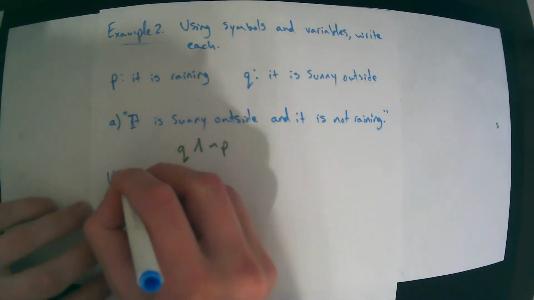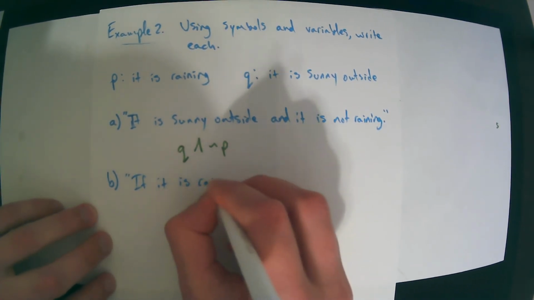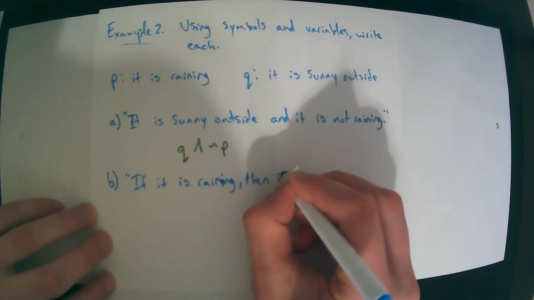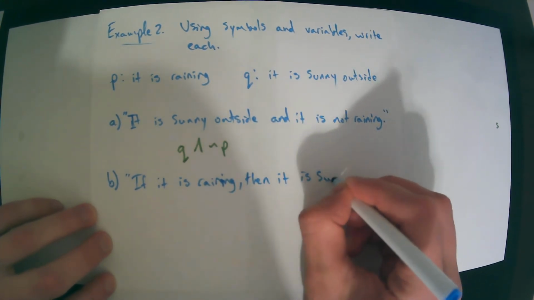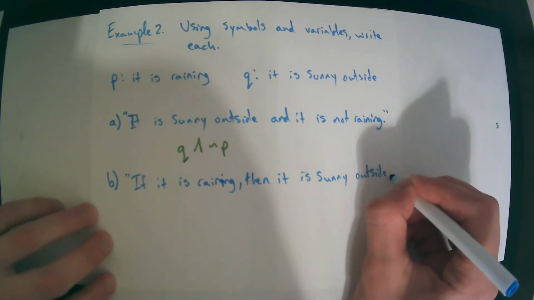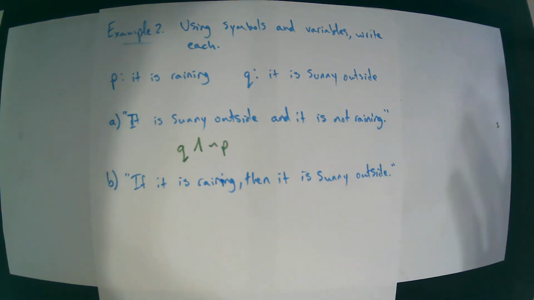All right. So part B says, if it is raining, then it is sunny outside. Again, not concerned with the truth value. This would depend on where we are, right?